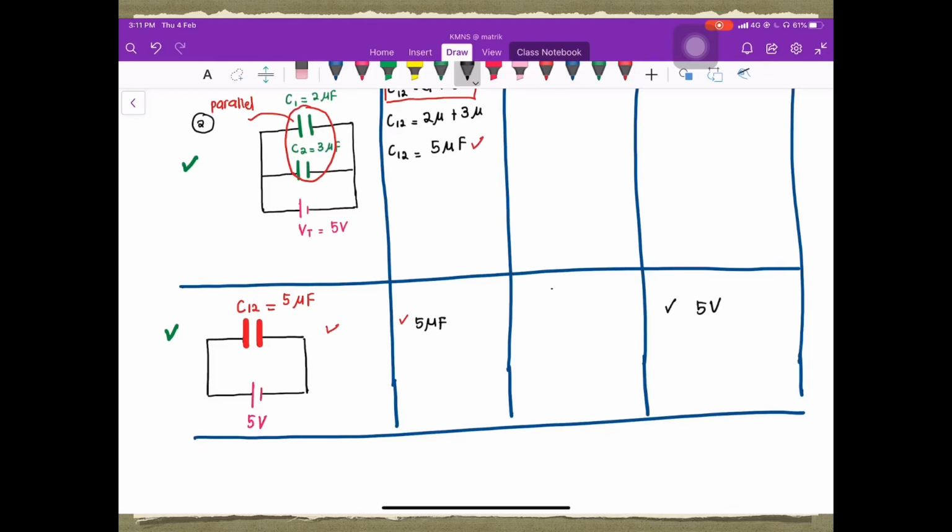Now we need to determine Q total, by using C equal to Q over V. Therefore, Q equals CV total. So determine your total charge in coulomb.